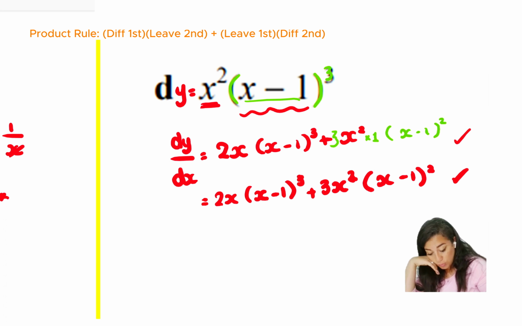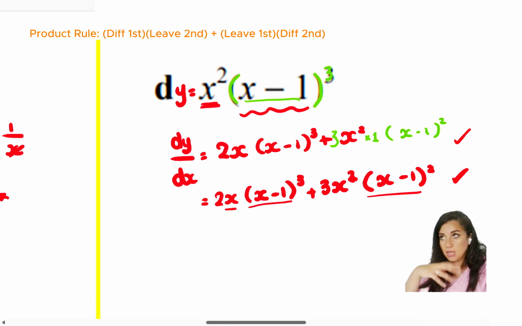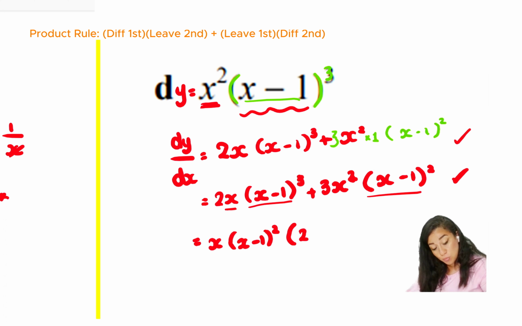On this side, what do I have in common? I've got the x in common, and I've got the x minus 1 squared in common, right? So let's do that just in case you get those questions that say, show it in this form. Okay, so let's take out the x and take out the x minus 1 all squared as a common factor. I've already got an x here, so I'm left with 2. And I've got x minus 1 cubed. I've already got 2 of them outside, so x minus 1 plus 3x.